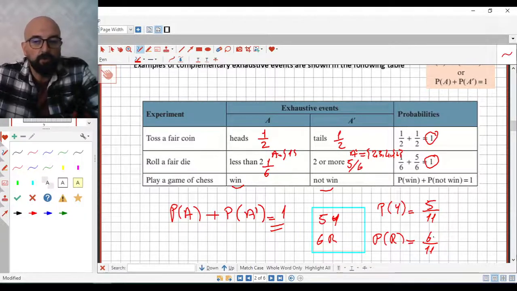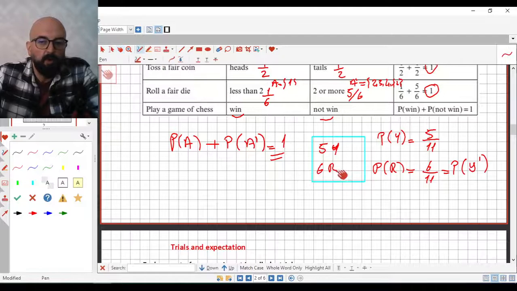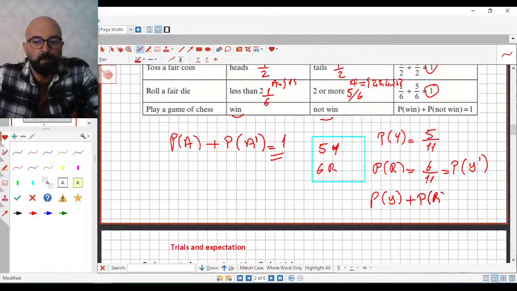The probability of a red ball means the probability of the complement of yellow. So 5 over 11 plus 6 over 11 is 11 over 11, which is 1. So choosing a red ball means the complement of yellow.